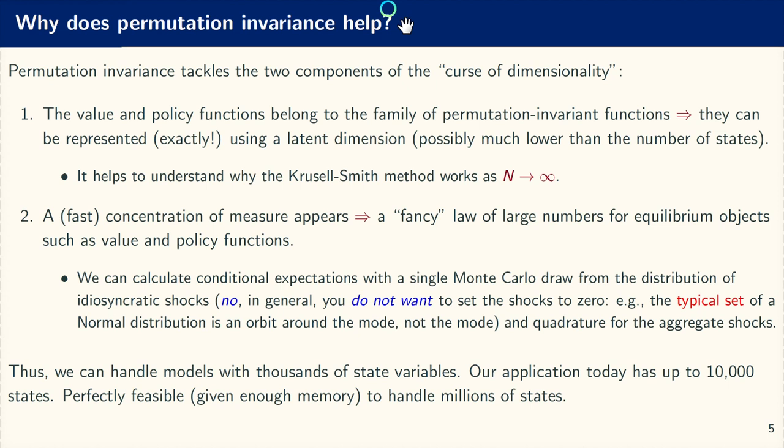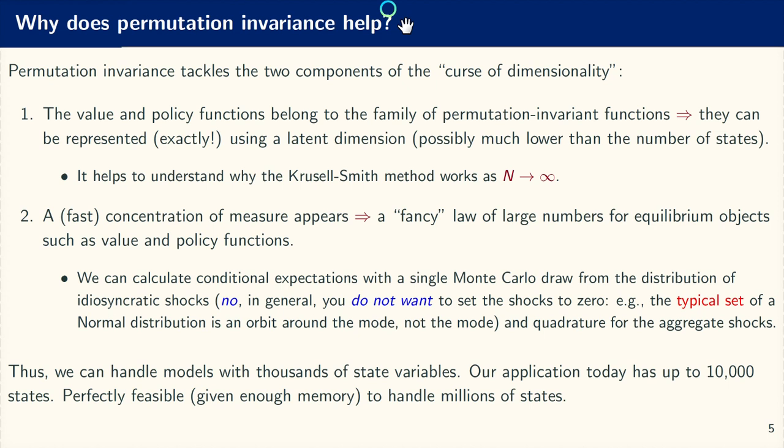In particular, they can be represented exactly using a latent dimension. And this latent dimension can possibly be much lower than the number of states. That means we are not going to be dealing with the 400 state variable dimension problem, but with the latent dimension, which perhaps, let's say, is 22. That's a much easier problem.